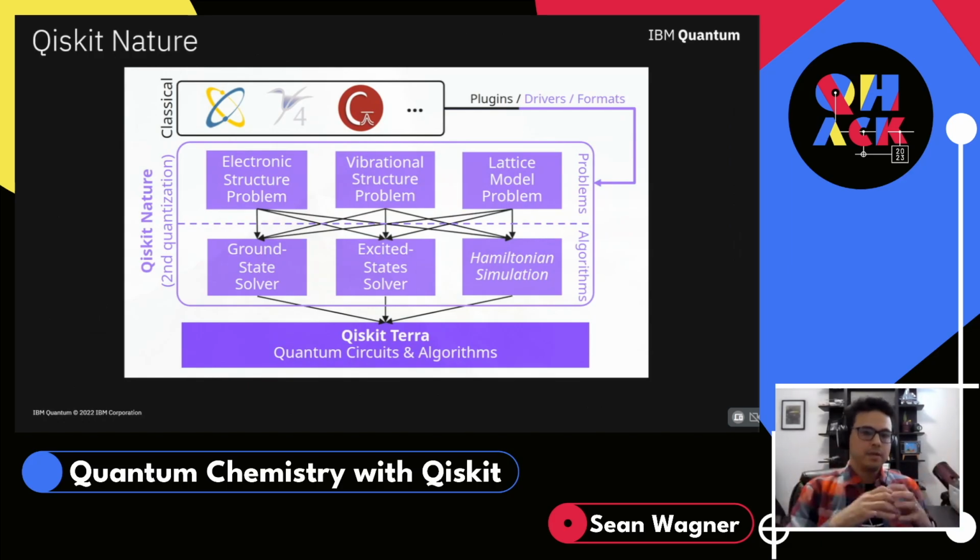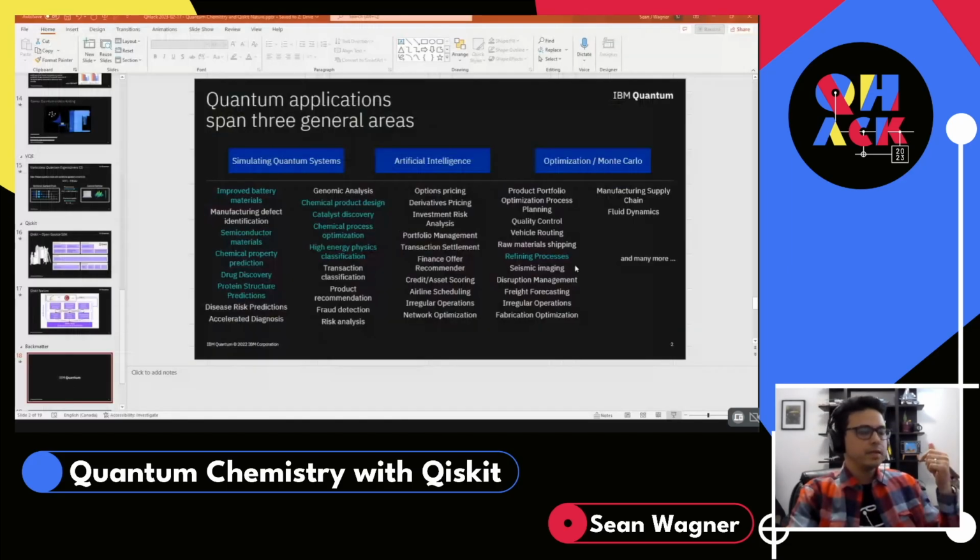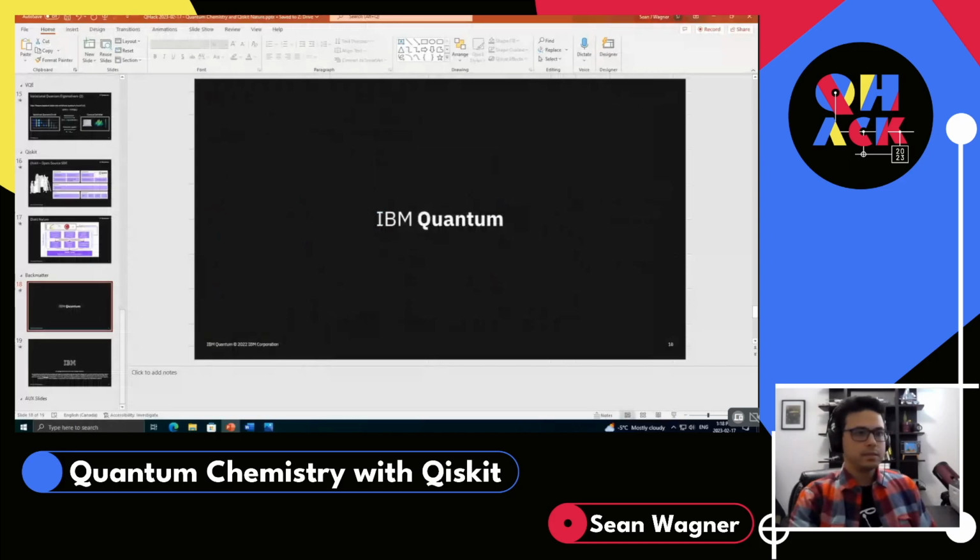Below that, there's a set of classes and APIs for defining various types of problems, whether electronic structure problems or lattice structure problems, and then a set of solvers underneath for solving the ground state or excited energy states in our molecules. Very soon, we will also have some capability to do Hamiltonian simulation as part of Qiskit Nature. So that's Qiskit. That's what I wanted to show you in terms of slides.